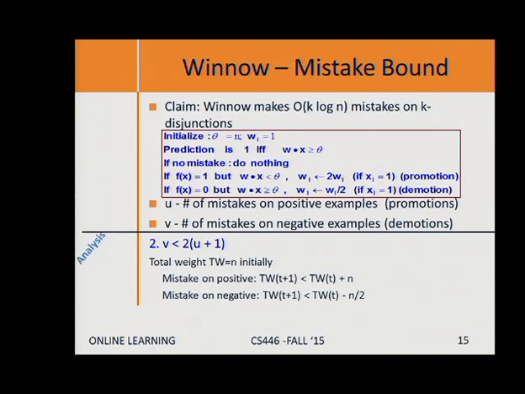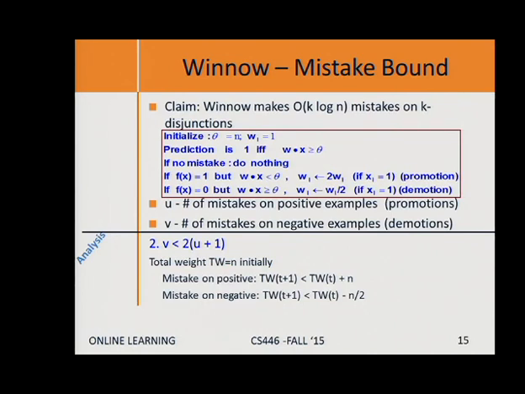So it's true that not all xi's can be 1, but it's important here that I made a mistake, right? So it's a negative example. I thought that it's positive, which means the total weight was greater than n. Now I divide it by 2, so I subtract more than n over 2, at least n over 2, because it was more than n.